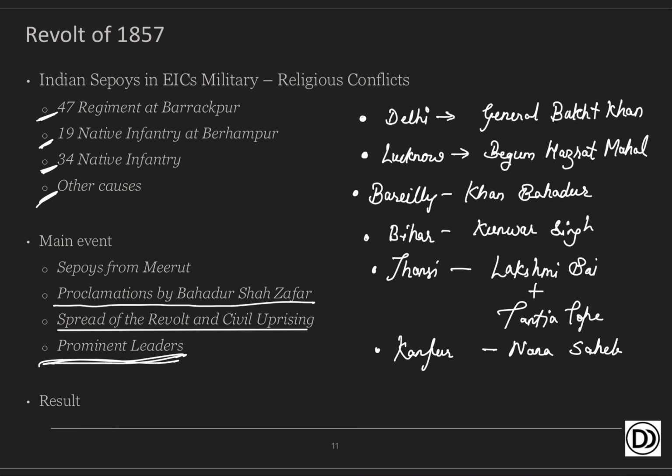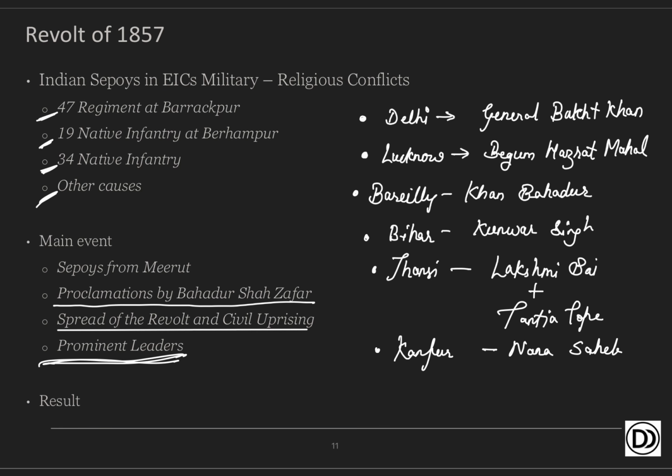Money lenders, because people were burning the records, were profiting under the British. Similarly, big zamindars who were making profit, who were not getting affected by the new East India Company's regime, and such high class people who were making profit, did not participate.